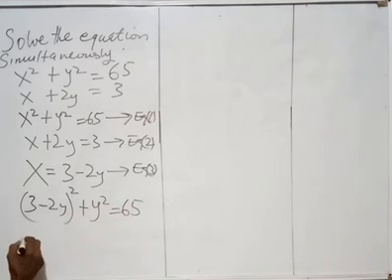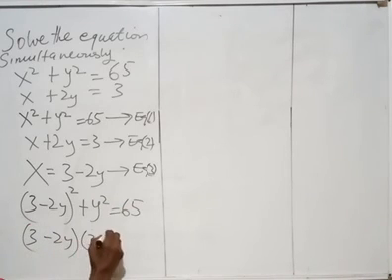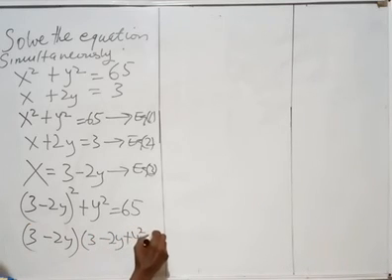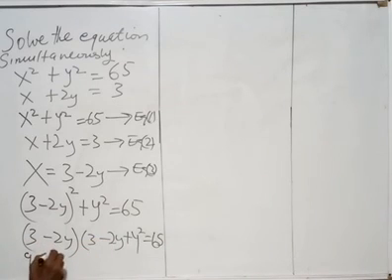So I now expand. 3 minus 2y into 3 minus 2y plus y squared equals 65. So I expand. 3 times 3, that's going to give me 9. 3 times minus 2y gives me minus 6y.